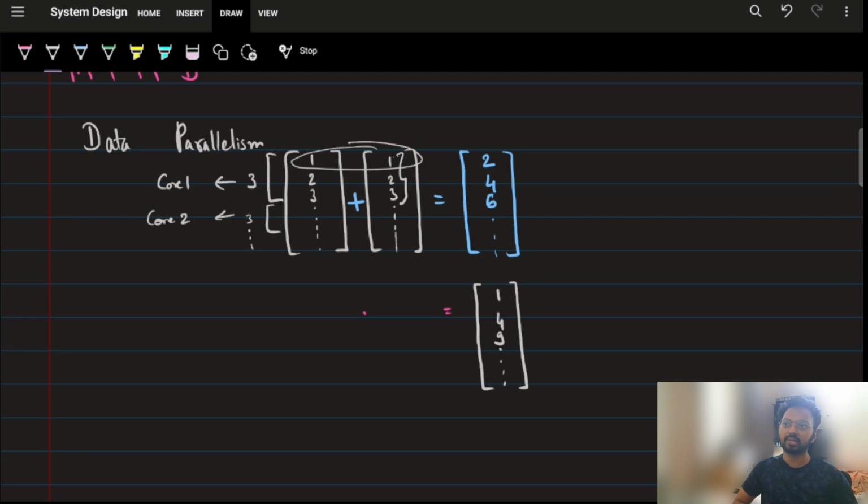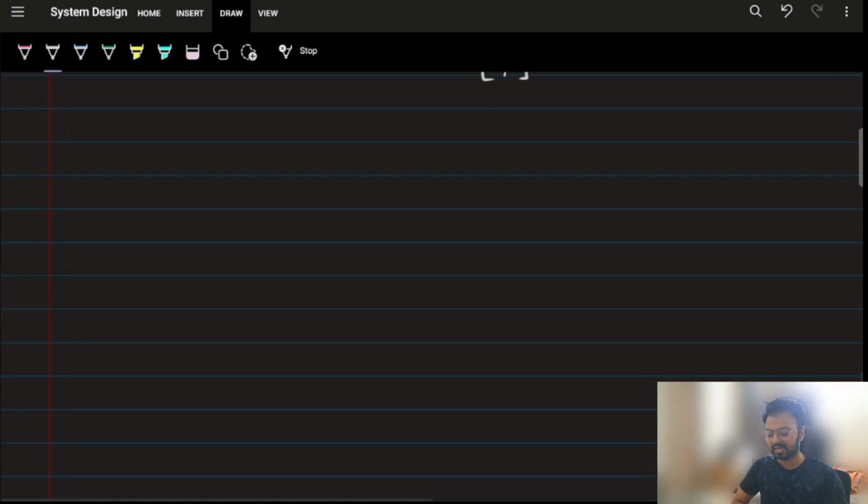So what is another type of parallelism? Another type of parallelism is task parallelism. You would have guessed it right. In task parallelism, we distribute independent tasks or functions across multiple computing units.